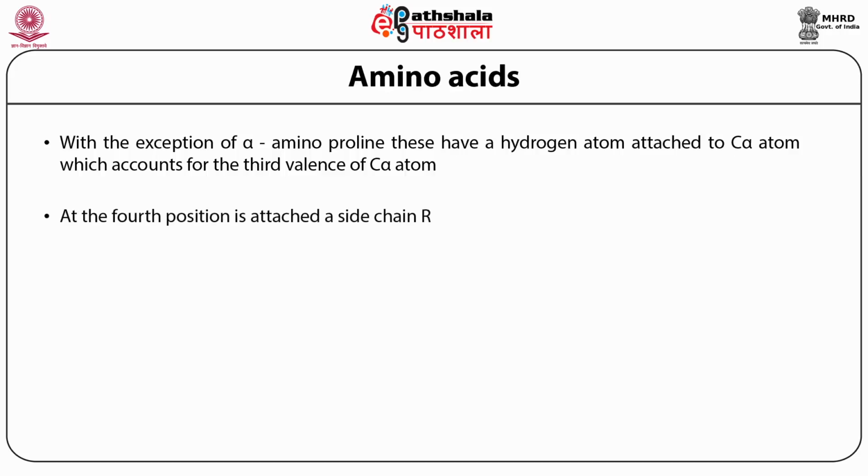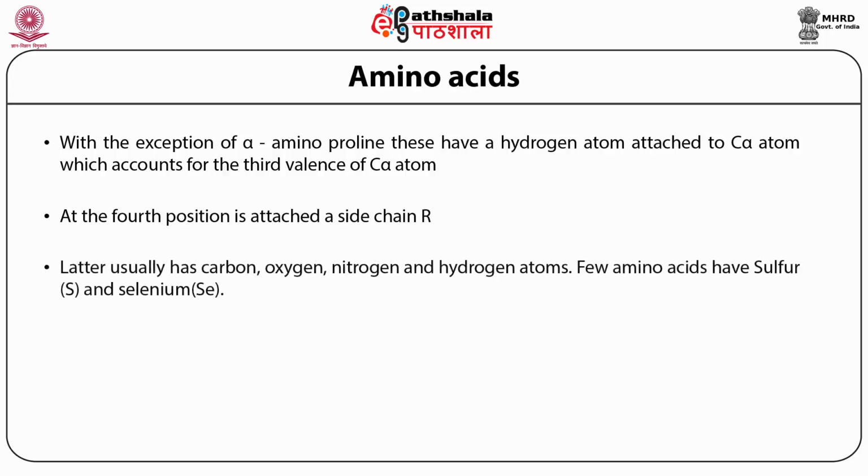At the fourth position is attached a side chain R. The latter usually has carbon, oxygen, nitrogen, and hydrogen atoms. There are few exceptions. Some amino acids, like cysteine, have sulfur, and selenocysteine has selenium.